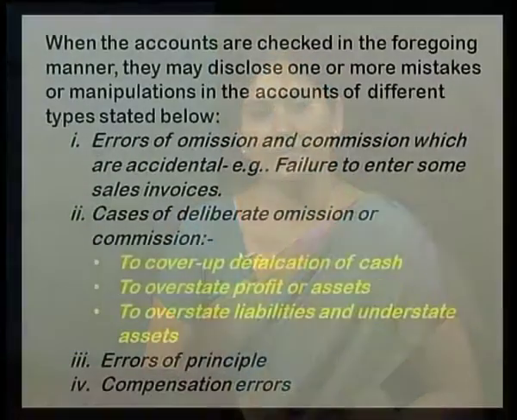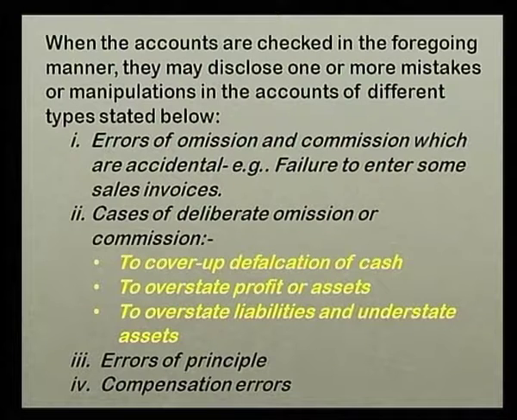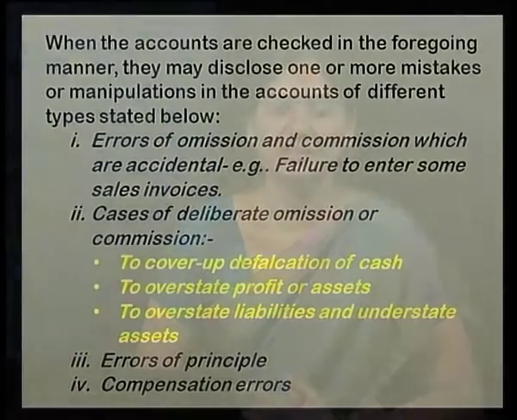If there has been an embezzlement, if the accountant has stolen or misappropriated money, then he may be prompted to cover up the defalcation by suppressing a few transactions and overstating the rest of them.